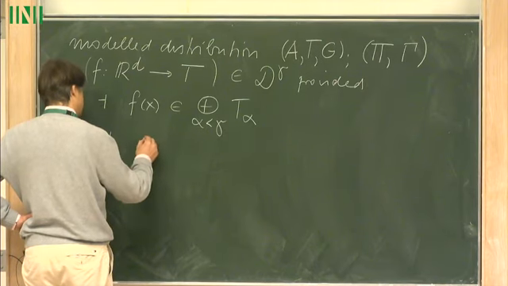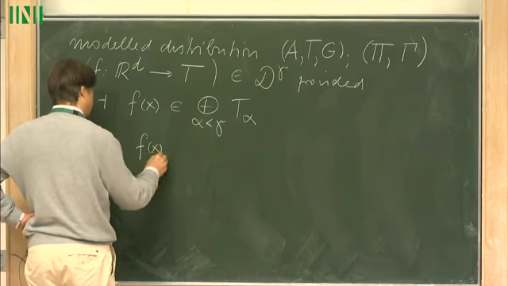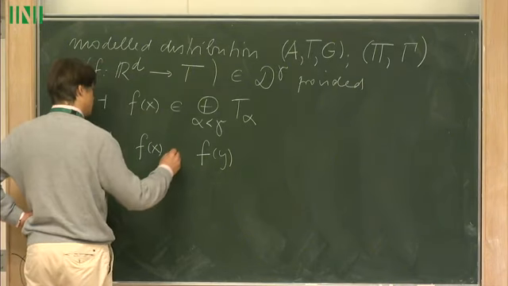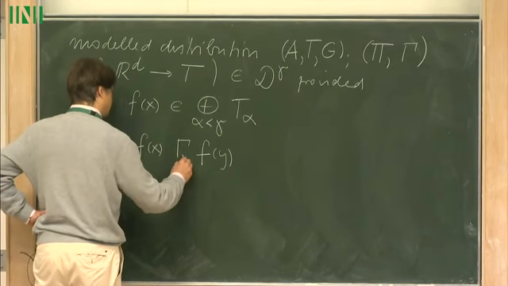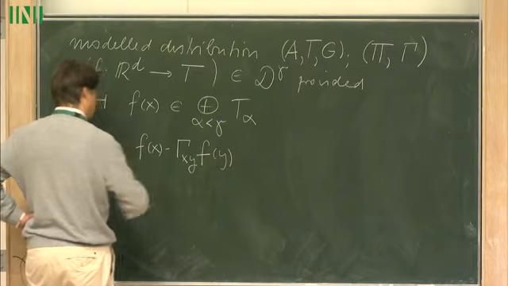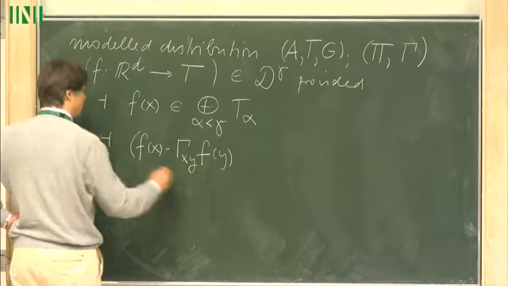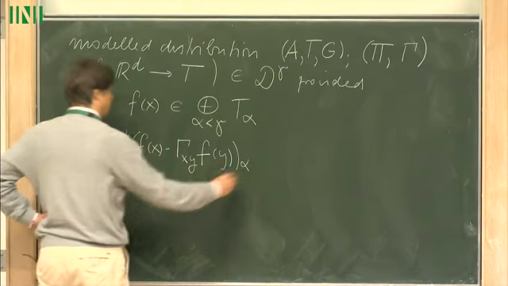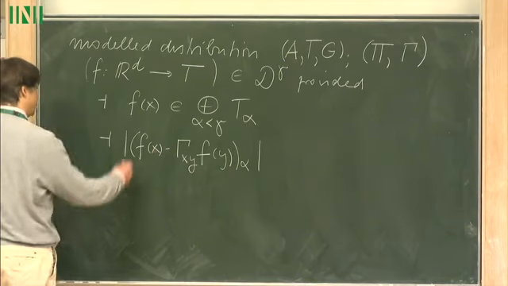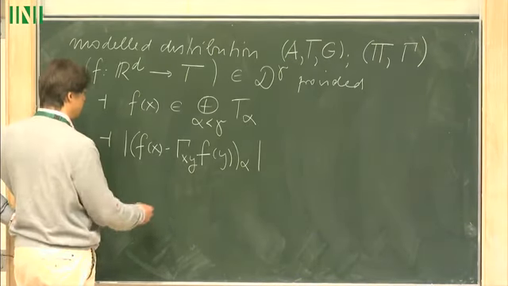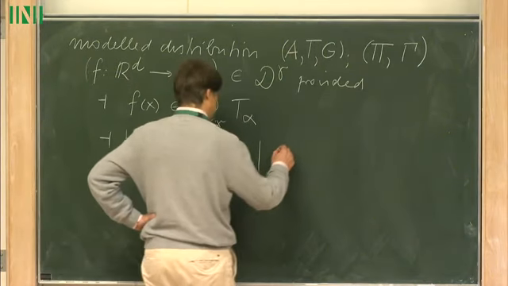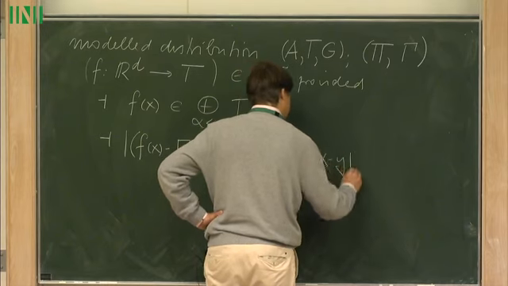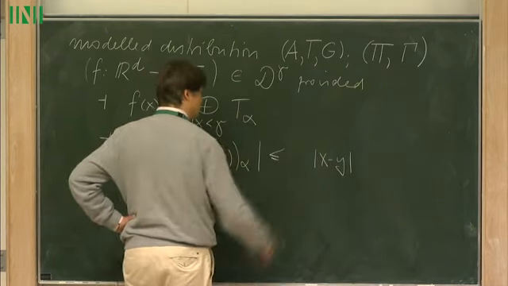of Hölder spaces. So if you compare the model distribution at two different base points and you use the change of variables to compare them, and you look at the component alpha, so in T alpha of the result, then this abstract vector should be small if x is close to y, and it should be small in a graded way, in the sense that it depends on the distance.